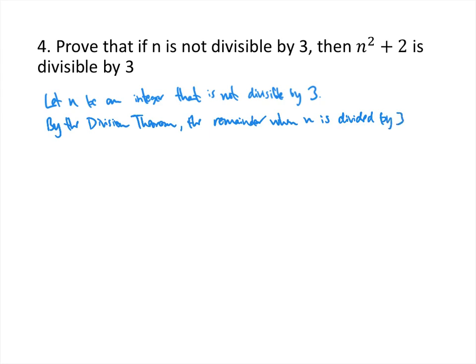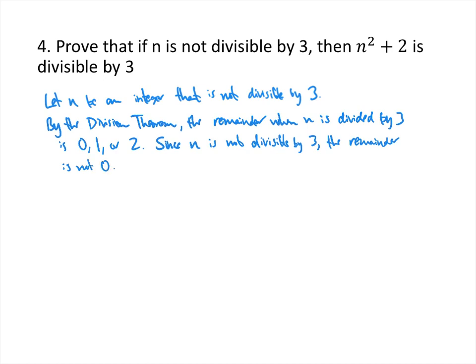It can only be 0, 1, or 2. And since n is known to be not divisible by 3, that actually eliminates one of those 3 possibilities. Since n is not divisible by 3, the remainder is not 0. And that leaves 2 possibilities.